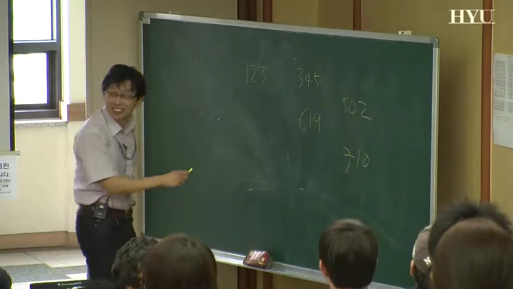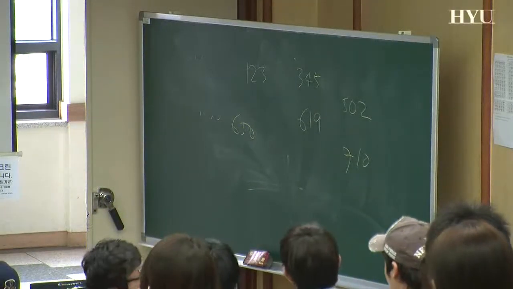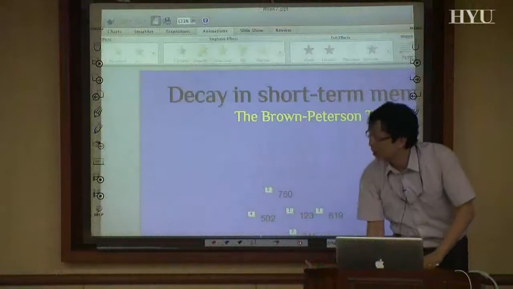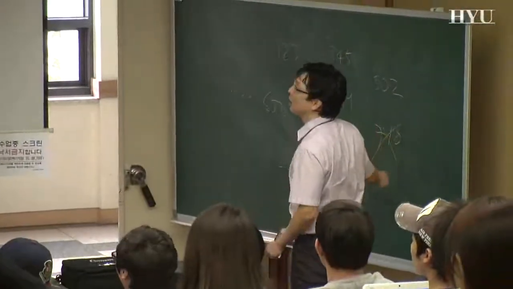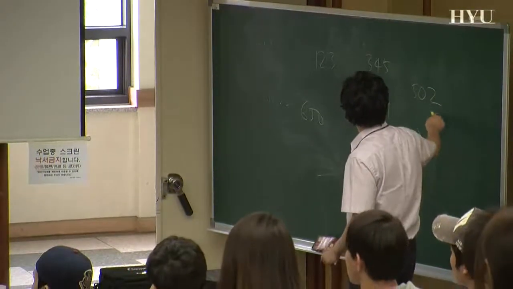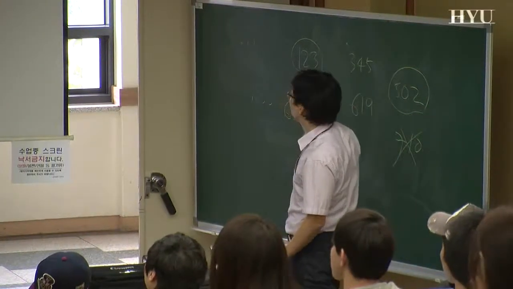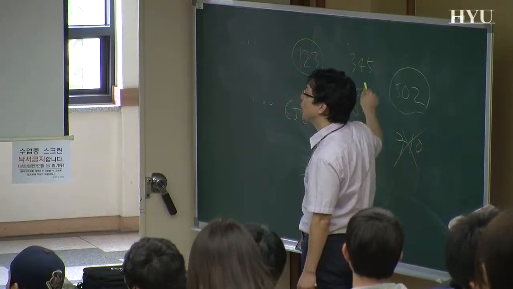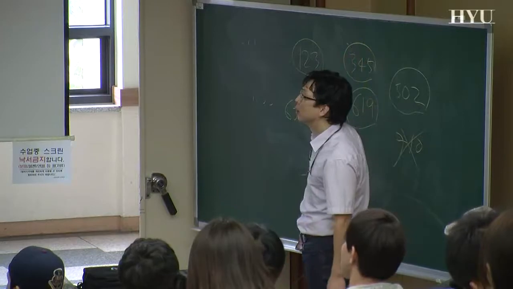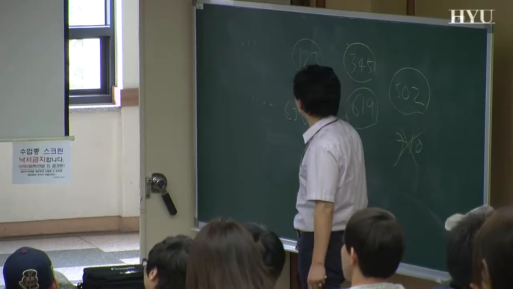Serious? What? 650. Okay. I don't know the answer. I have to look at it. Answer was 750. This one is not. Which one? 502. 1, 2, 3. 619, 345. Oh, we don't have a 650, right?